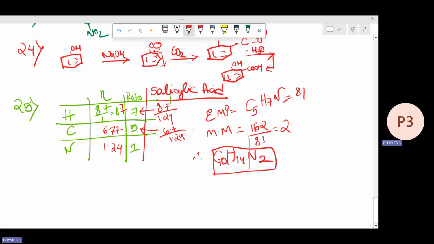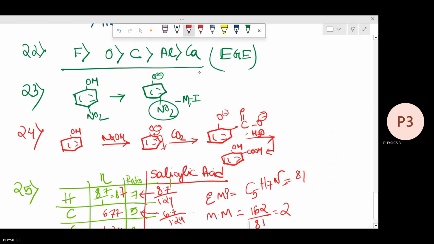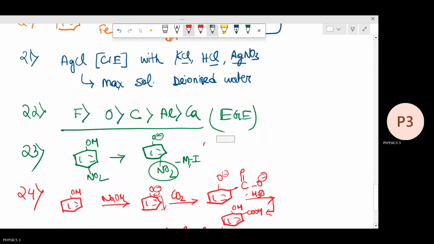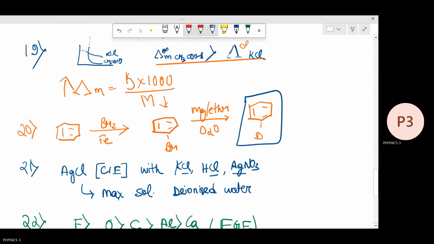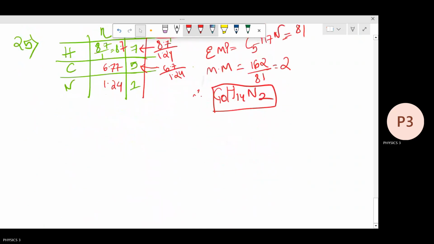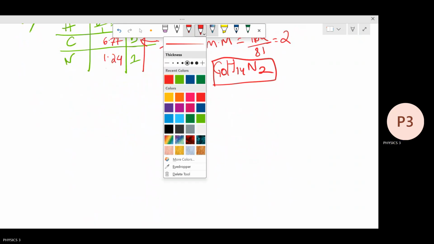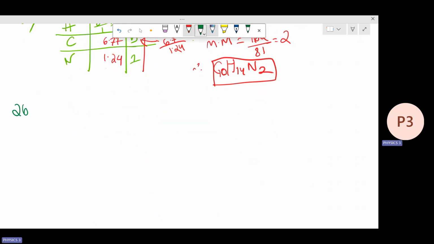Now, next question. Question number 26 is speaking about the reaction.